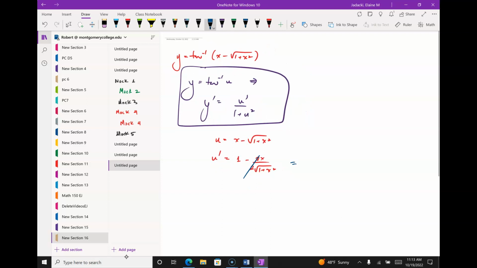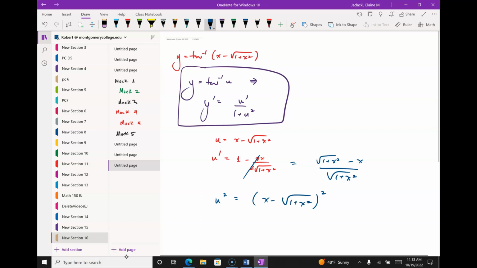And if I get that to a single fraction, I get square root of 1 plus x squared minus x, all over square root of 1 plus x squared. You can kind of see where my conjugate's going to come from there, right? And then u squared is what? x minus square root of 1 plus x squared, quantity squared. Again, yuck. Horrible algebra on this one. You're going to need a conjugate. You're going to need to distribute.